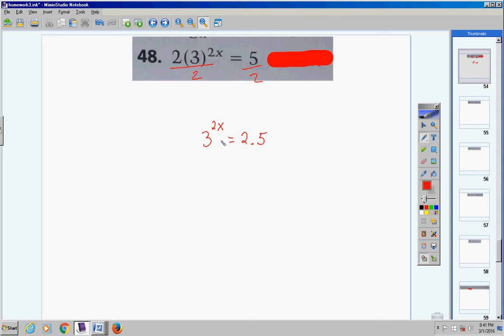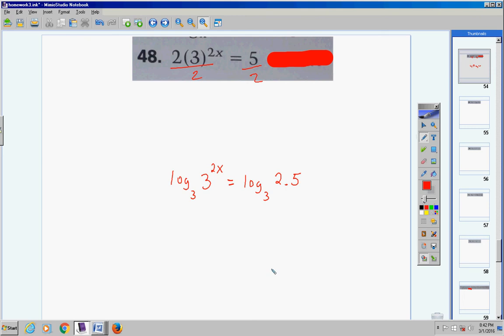Step 2, write both sides with the same base. Well, obviously that's not going to happen. So step 3, take the logarithm of both sides. Now, what is the base of my unknown? 3. So we'll put a 3 here and a 3 here. Bring down your entire left side. Bring down your entire right side.